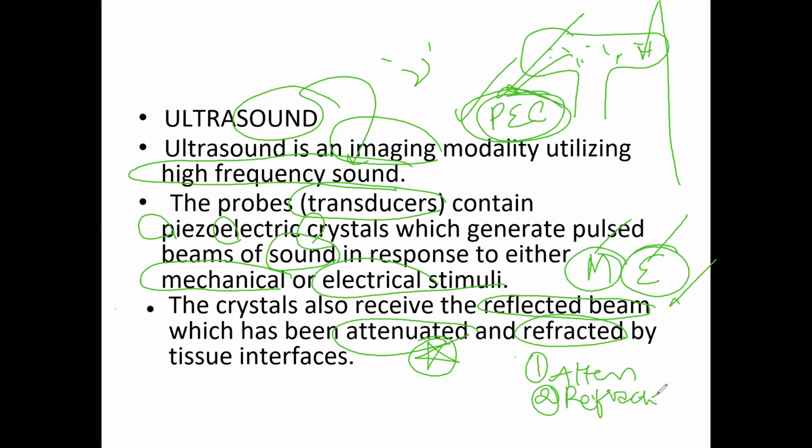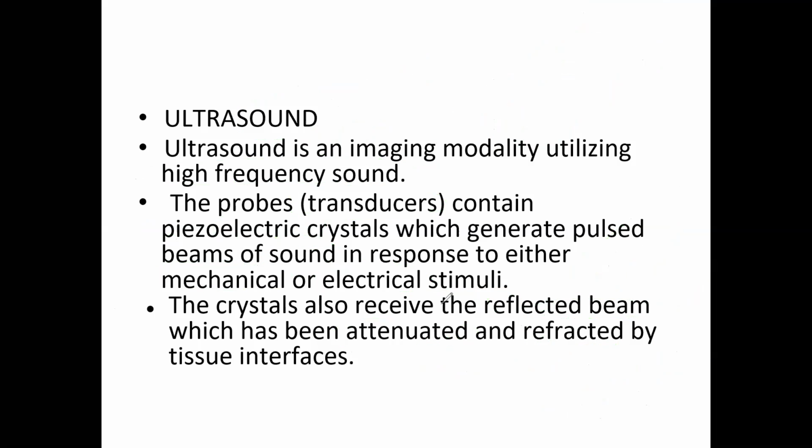These are all the concepts behind the ultrasound. Number three is reflection. So you could see number one attenuation, number two refraction, and number three is reflected beam. All these are done by the PEC. So that is your simple piezoelectric crystals.